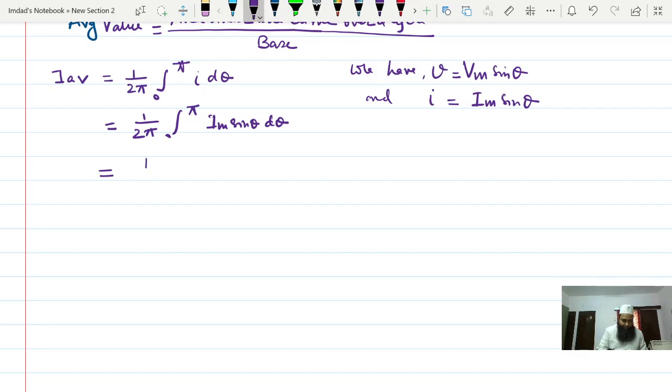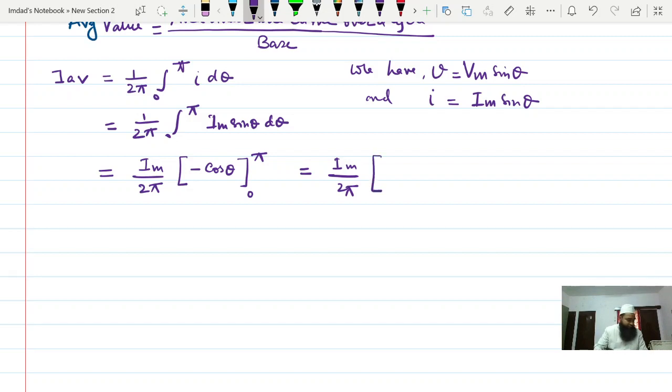Im can be taken out, Im upon 2 pi, and we can take the integration of sin theta, which is minus cos theta, putting the limit 0 to pi.